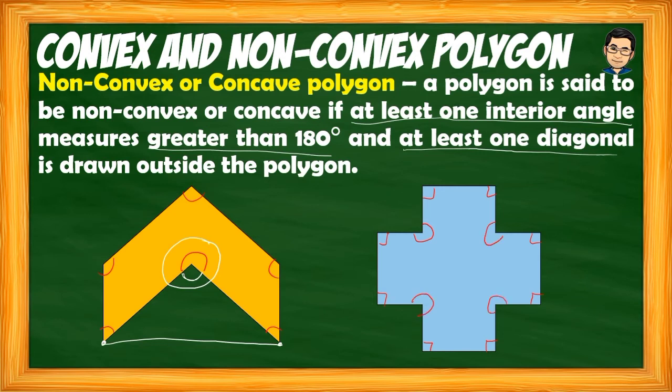Tsaka ito. So, lahat po ng yan ay mga reflex angles. And then, nasan yung mga diagonals na pwedeng i-draw outside? Ito. 1, 2, 3, 4. Okay. So, you can see, meron tayong 4 diagonals na na-draw outside the polygon. So, these are just examples of non-convex polygon. So, marami pa pong ganyan.